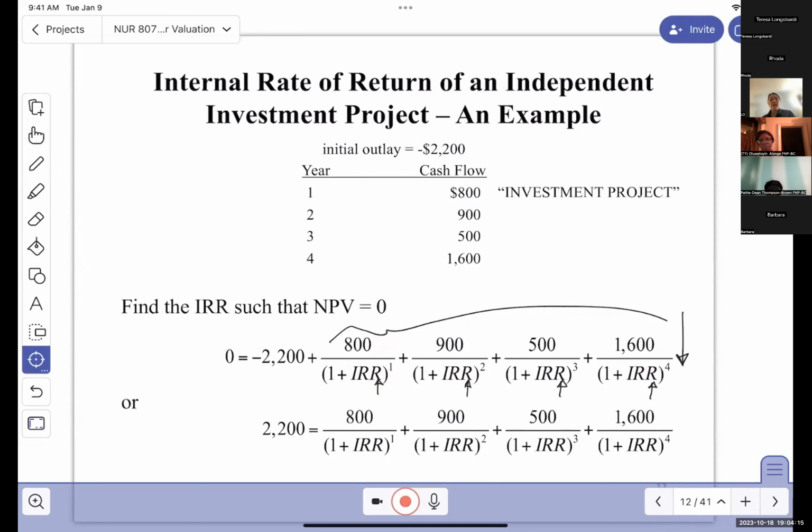So as the rate goes up, this whole thing will go down. And is that a good thing? Will that make this 0 or not? What's a way that I could actually make this be 0? I want the opposite, right? I want it to go positive, I want it to go up.